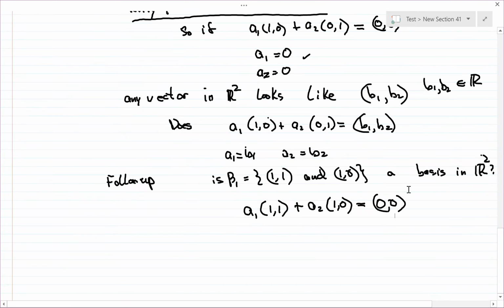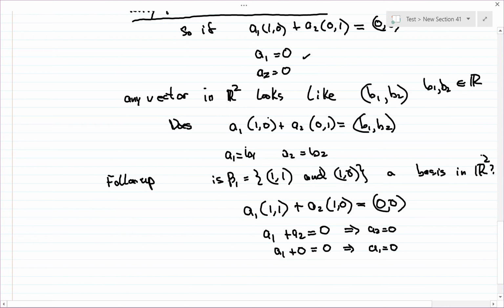Well, let's check it out. The first component here would be a1 plus a2, so those two would have to sum to 0. And the second component, a1 times 1, plus a2 times 0 is 0. That would have to be equal to the second component here, which implies that a1 has to be 0. But if a1 has to be 0, then you can go back over here, and this implies that a2 is 0.